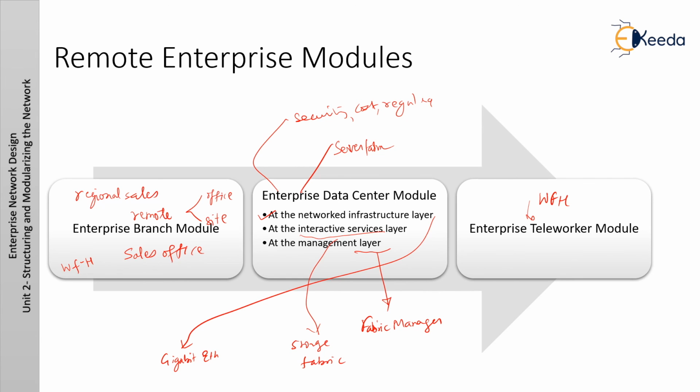Small ISRs form the backbone of the enterprise teleworker architecture, and an optional IP phone can be provided to take advantage of the centralized Cisco unified communication system.